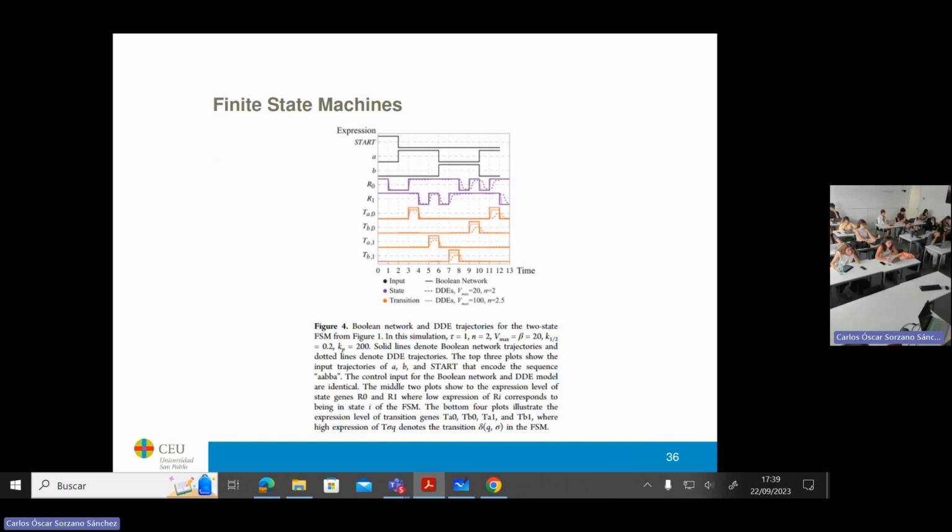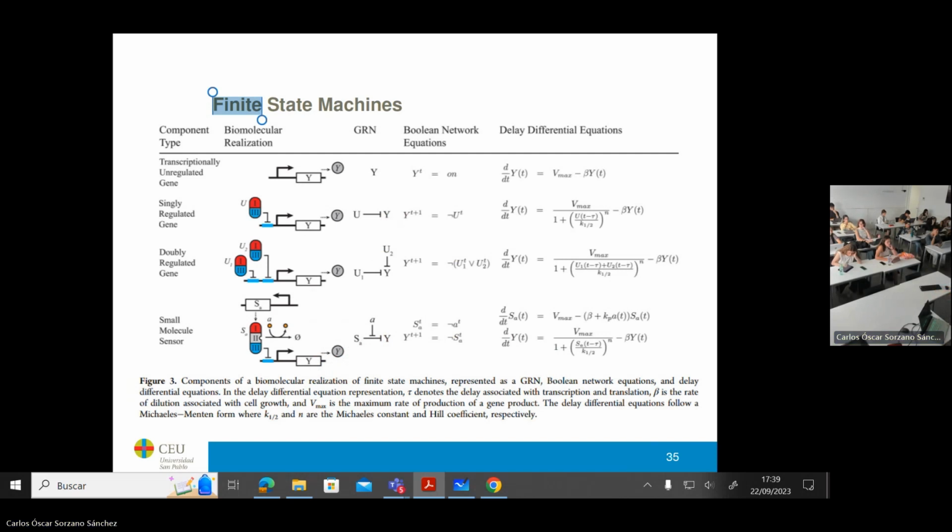So in a simplified world, my transcription factor, for instance, goes from low to high, low and high, and so on. And these kinds of equations describe the dynamics. Okay, it is not static, it depends on time, but the dependence on time is oversimplified.